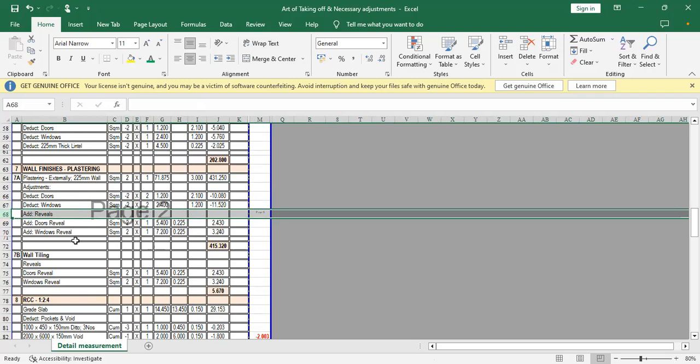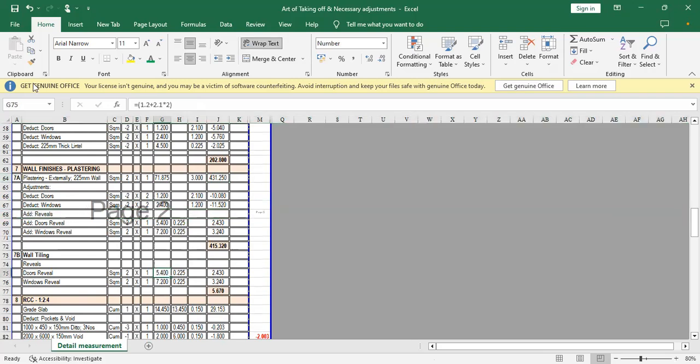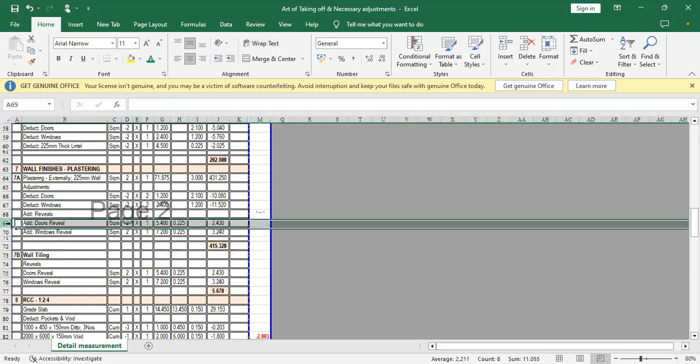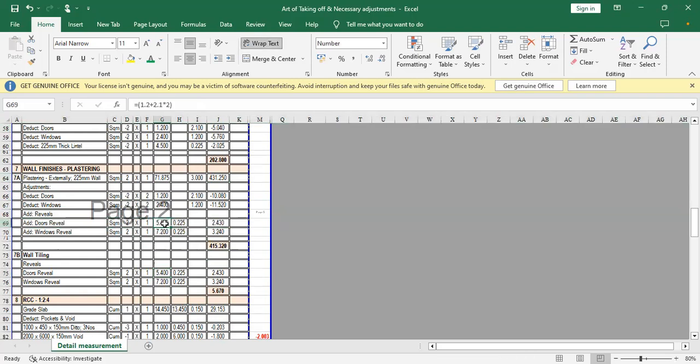But we need to add for our reveal. That is why we have door reveal and window reveal. That is the portion of the reveal of the door we are going to put plaster at the side of the door and the side of the window.